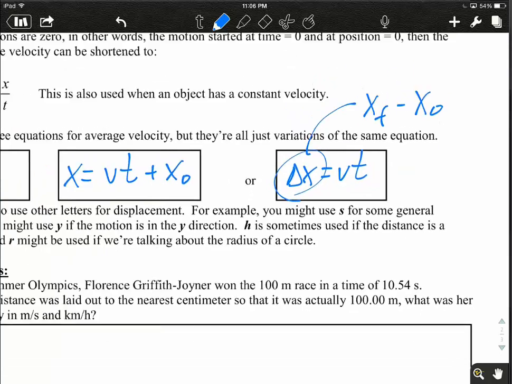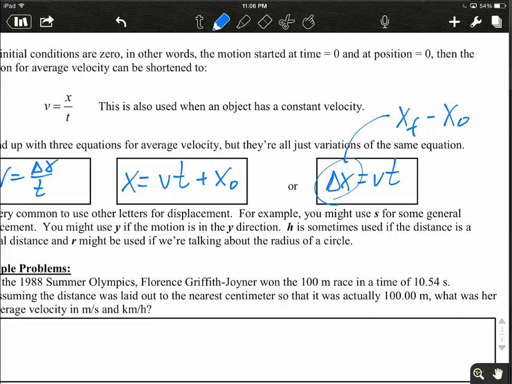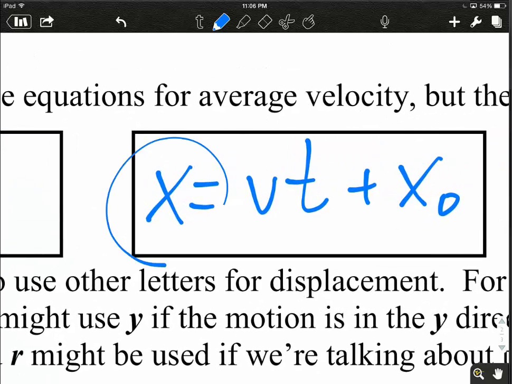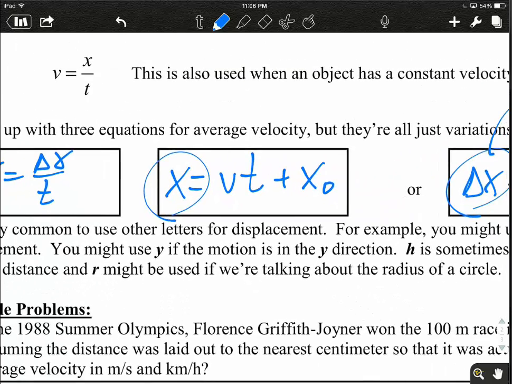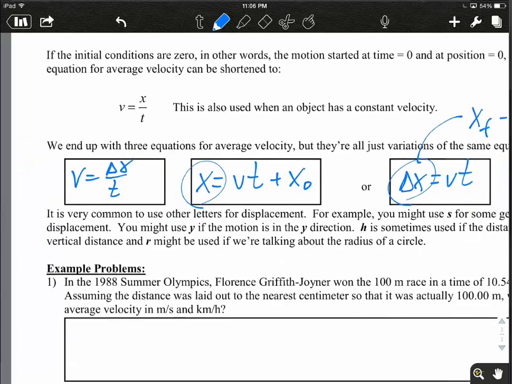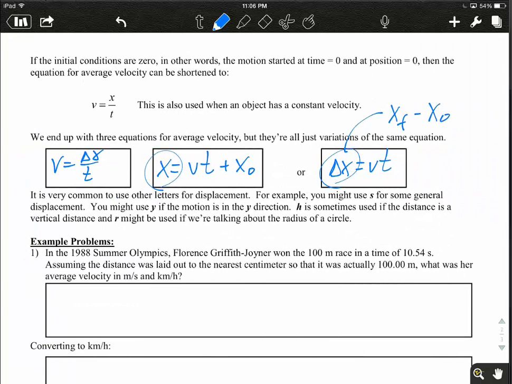But on the AP exam, whenever they're talking about a final, they basically leave off the subscript in this portion of the equation. They don't put xf, they just put x. If they're talking about a final velocity, they just put v. They'll put a v initial and a v instead of a vf. I tend to put a vf on there just so I can keep them straight.